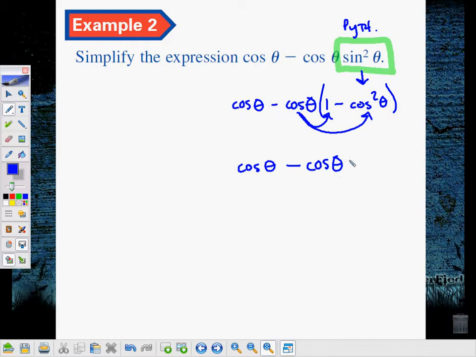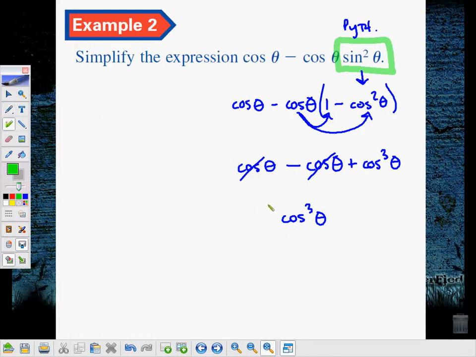Now negative times a negative comes out positive, so I get plus cosine cubed theta. Oh, well this is nice. These two cancel each other out, leaving me with just cosine cubed theta.